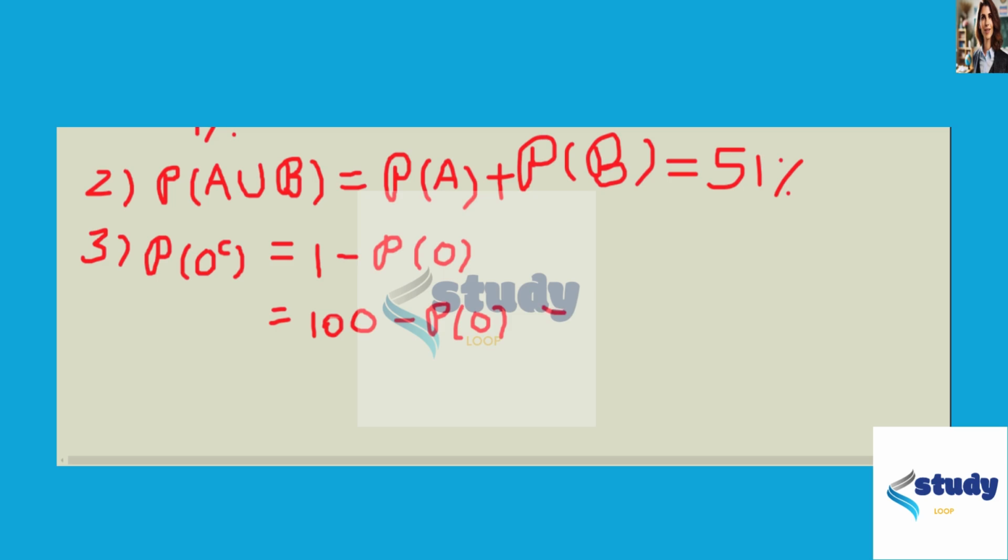So this is equal to 100 minus 45%, which is equal to 55%.